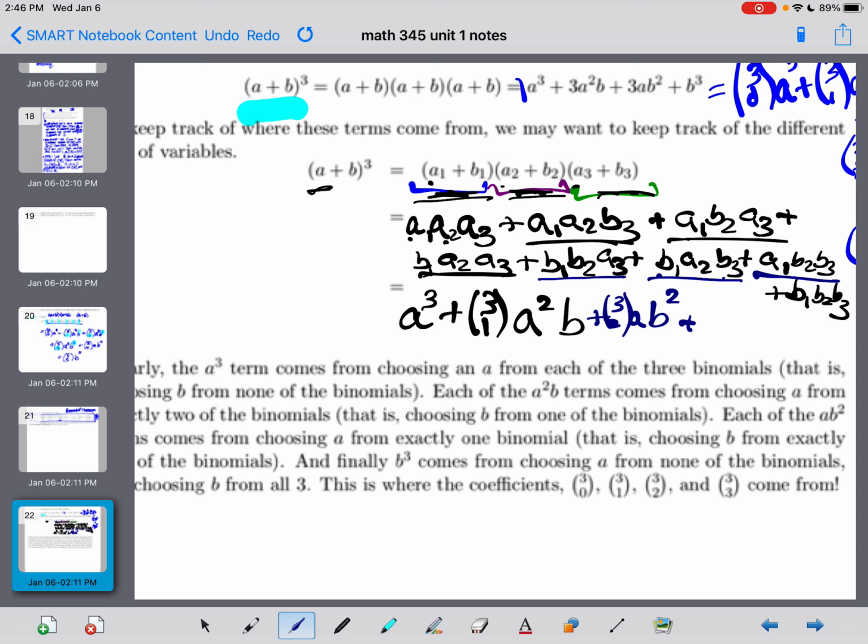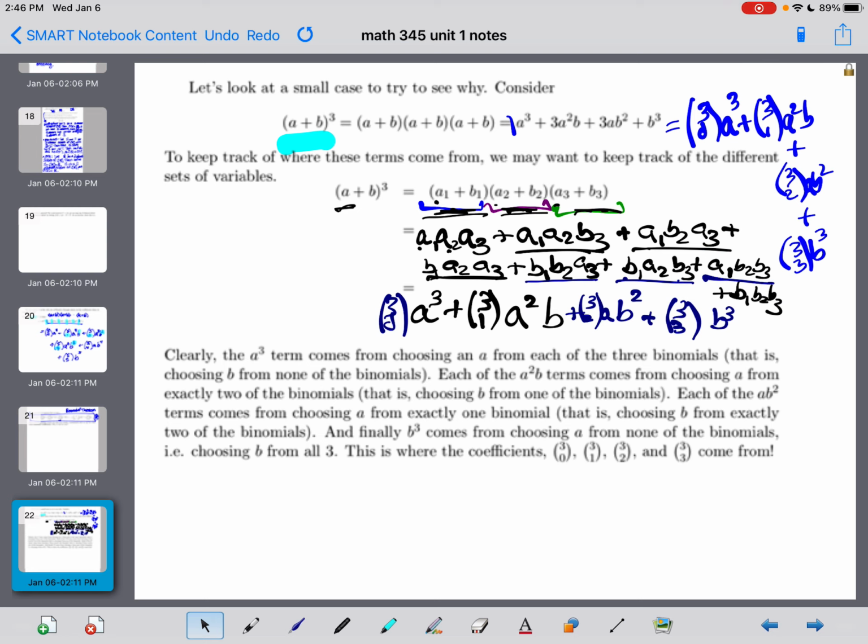And finally, there's 3 choose 3 many ways to choose b from every single set of parentheses. We can think about this as 3 choose 0 because we didn't choose any sets of parentheses to choose a b from.